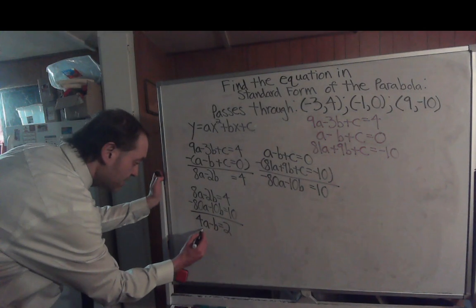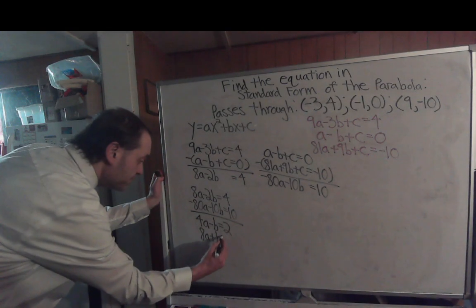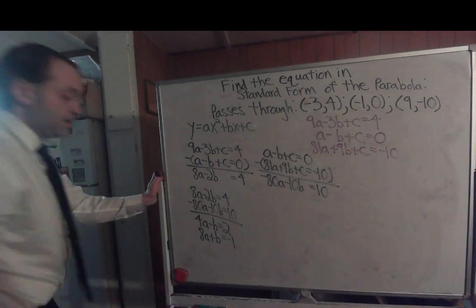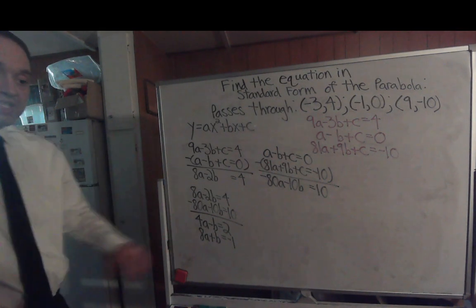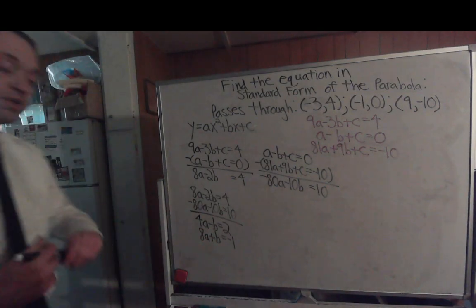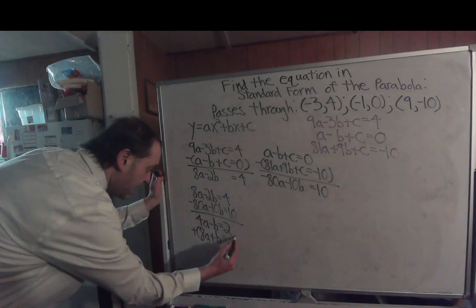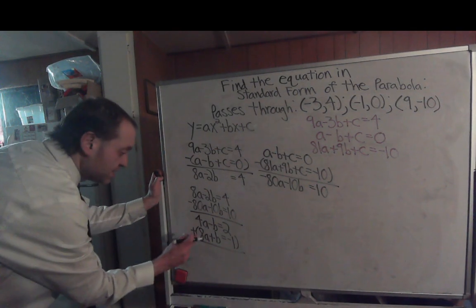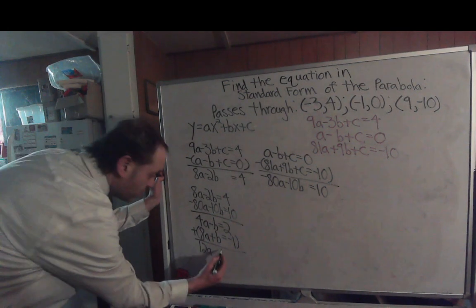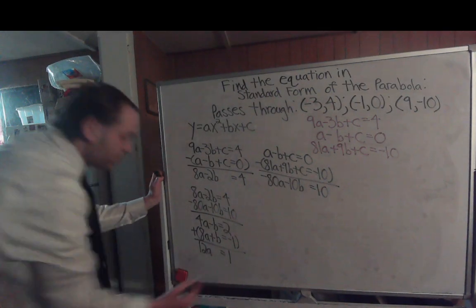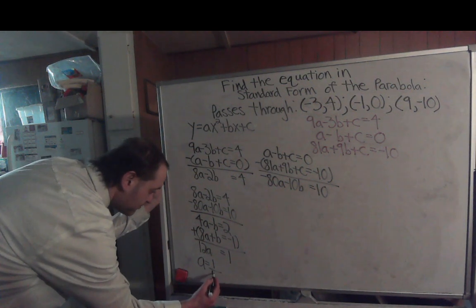You would end up getting positive 8a plus b would equal negative 1. So we've simplified this. Now all you got to do is add these 2 equations together. You can get rid of the b variable. 4a plus 8a is 12a. The b's go away, and then you would just get 1 on the right hand side. So a is going to equal 1/12.